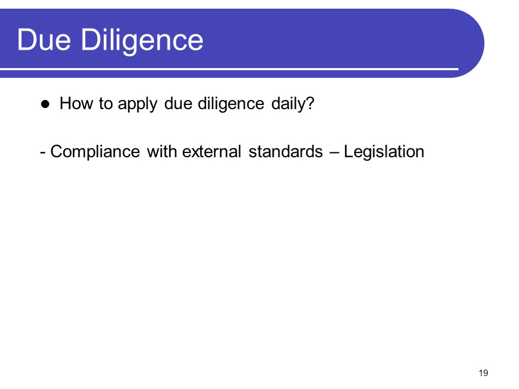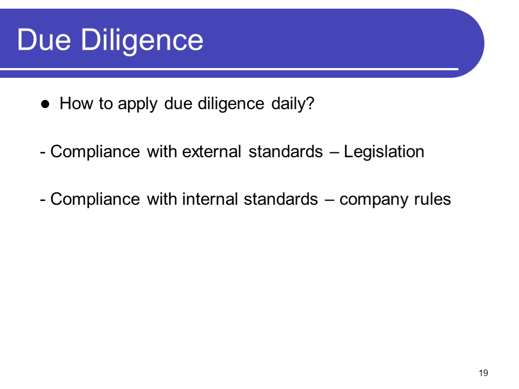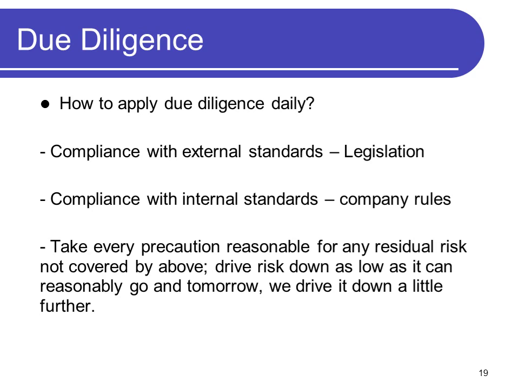How to apply due diligence daily? First of all, obviously, we should comply with the external standards, that is the legislation, and we need to comply with the internal standards, the programs and rules that the company has. Take every precaution reasonable for any residual risk. Remember the risk management closed loop that we have.